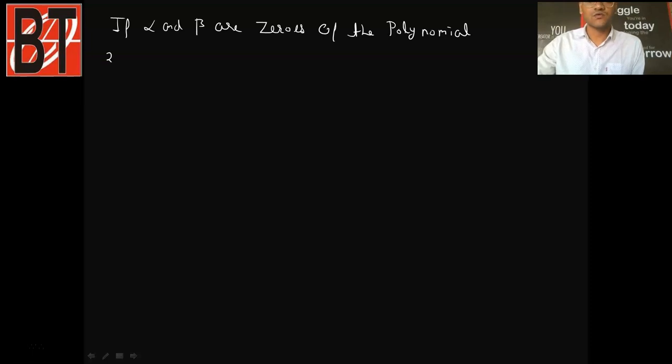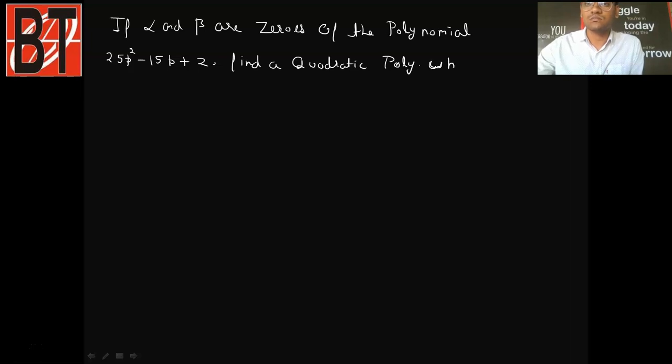Okay, so find a quadratic polynomial whose zeros are 1 upon 2 alpha and 1 upon 2 beta. Clear, students?